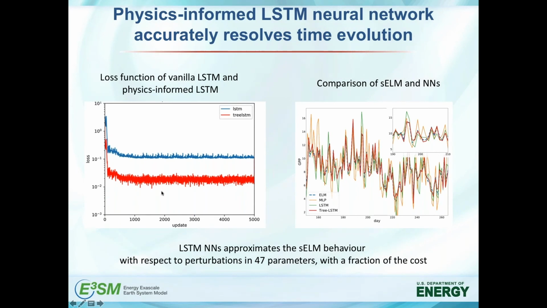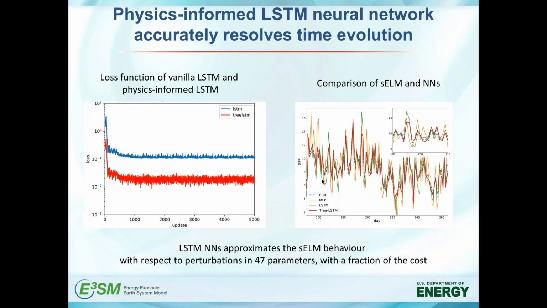And so the goal here is to reproduce the ELM model. We're looking at the right-hand figure, the ELM represented by the dashed blue line predicting GPP. And it's compared with 3 methods of building surrogate models. So MLP, or basically a neural network that's not taking into account some of the time series information, compared with a LSTM model, and then also compared with the tree or physics-informed LSTM model, where we're building these surrogates based on 47 perturbations and 47 model parameters.